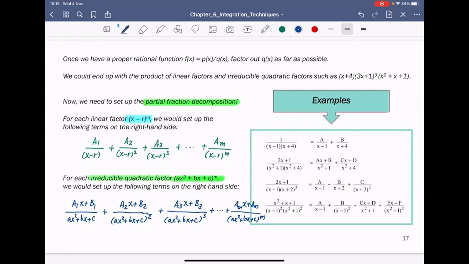So the idea is, first of all, you need to know how to do the decomposition. Once you do the decomposition correctly, everything is easy because you can just integrate the right hand side.